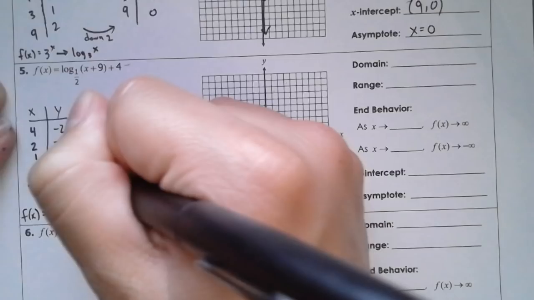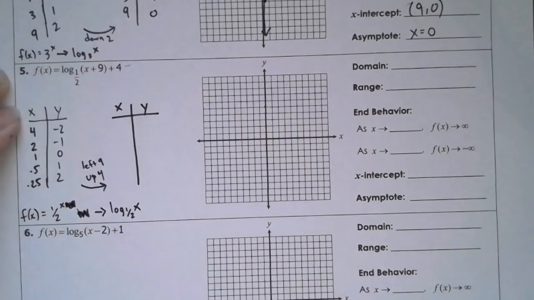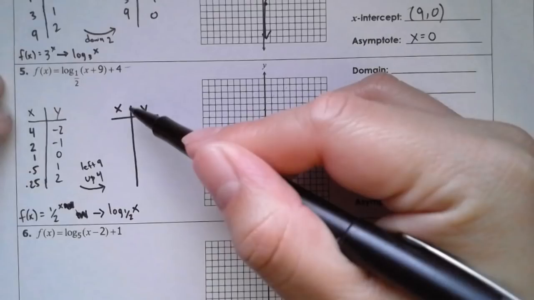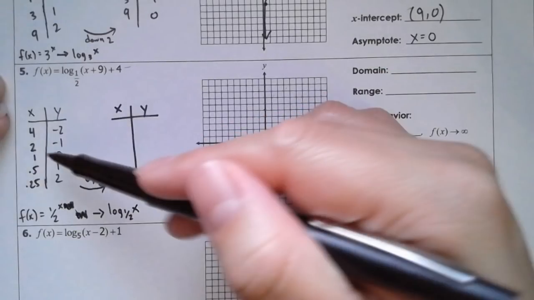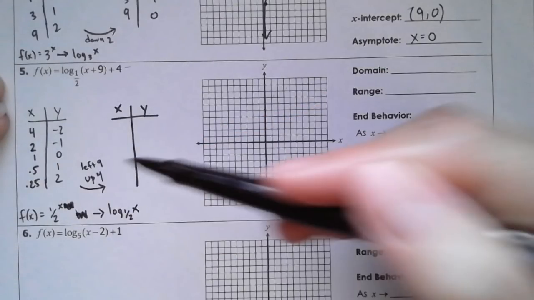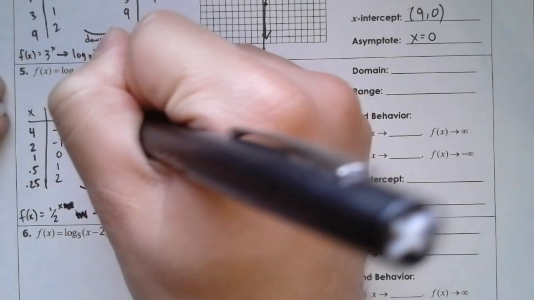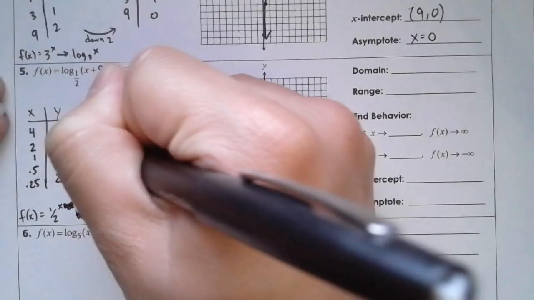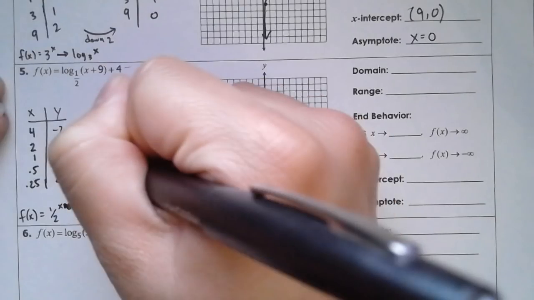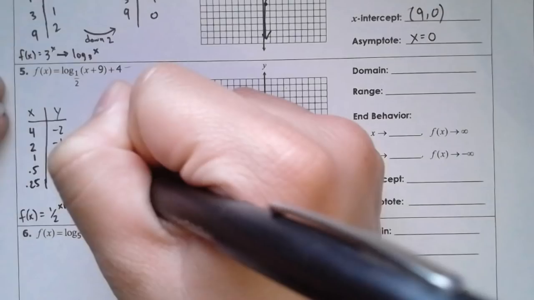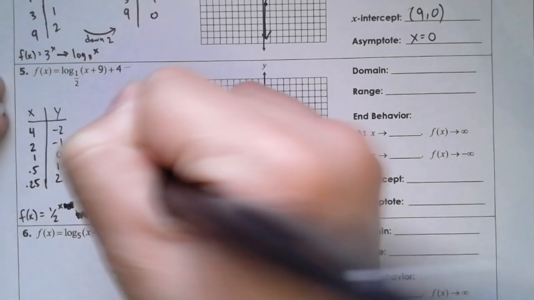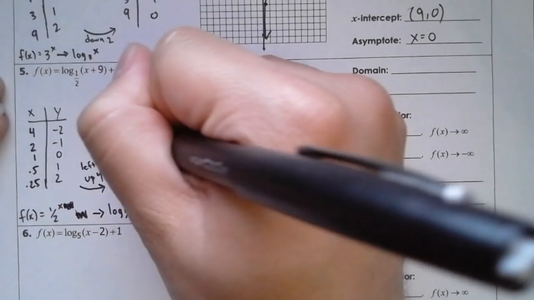So my x's, I subtract 9 from each of them, and then for my y's I add 4. So I get negative 5, negative 7, negative 8, negative 8.5, and negative 8.75. My y's, I get 2, 3, 4, 5, and 6.